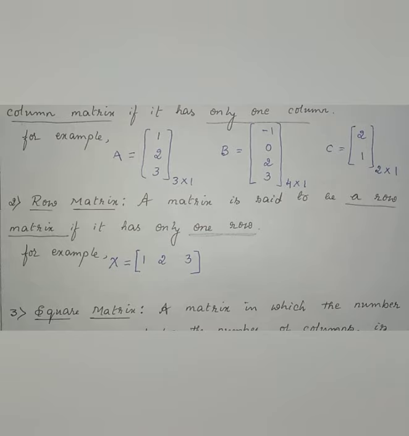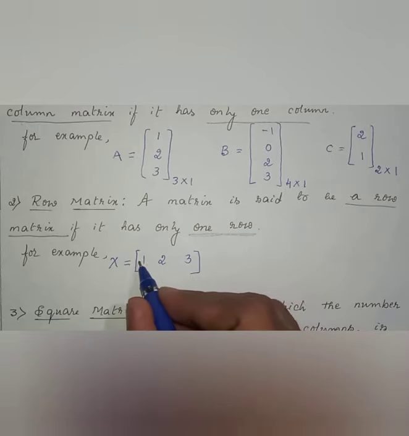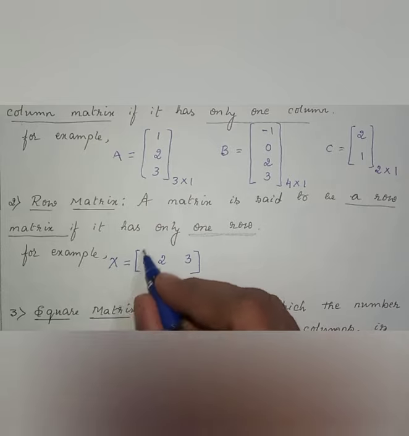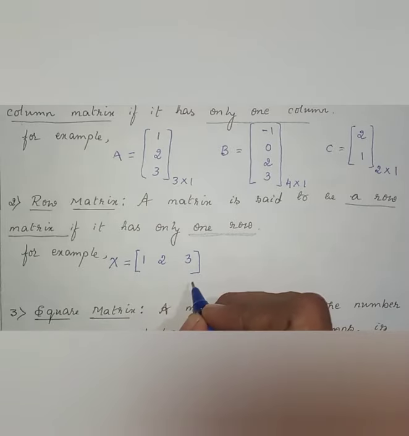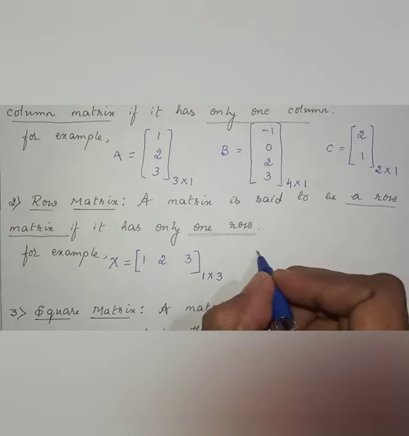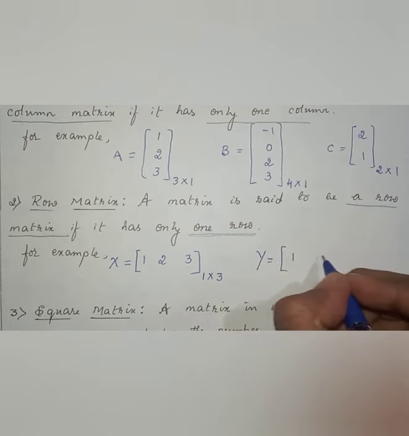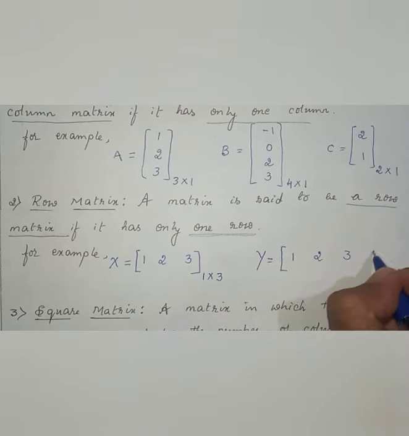The order of this matrix: how many rows and how many columns here? Only one row, because there is only one horizontal line and 3 vertical lines. Therefore, the order of the matrix is 1 by 3. One more, matrix Y: 1, 2, 3, 4, 5.